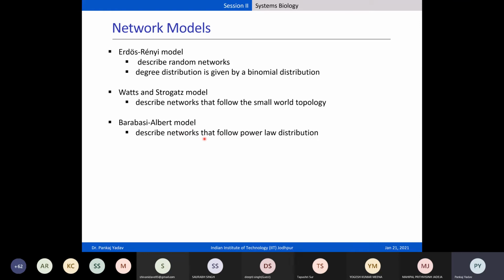It describes those networks that follow the power law distribution, because most of the nodes have low degrees, whereas only a few nodes are highly connected, with very high degree. If you think of real life, most real life networks also follow this kind of distribution.